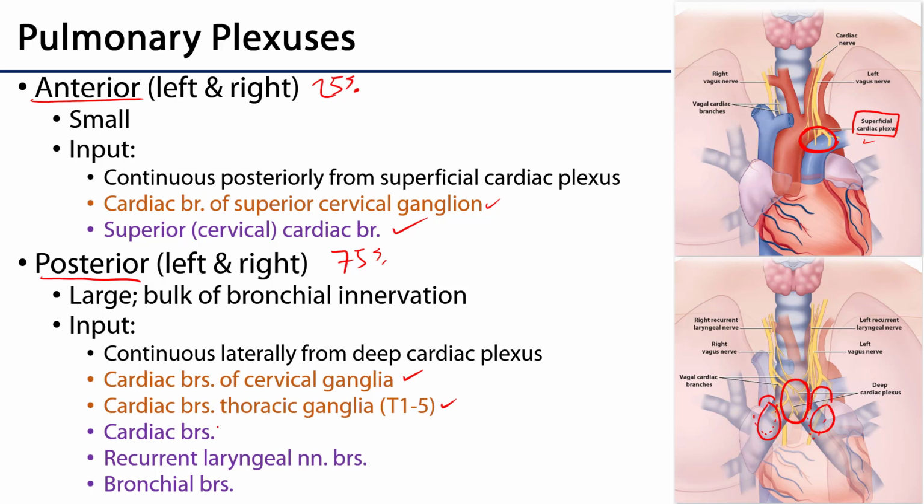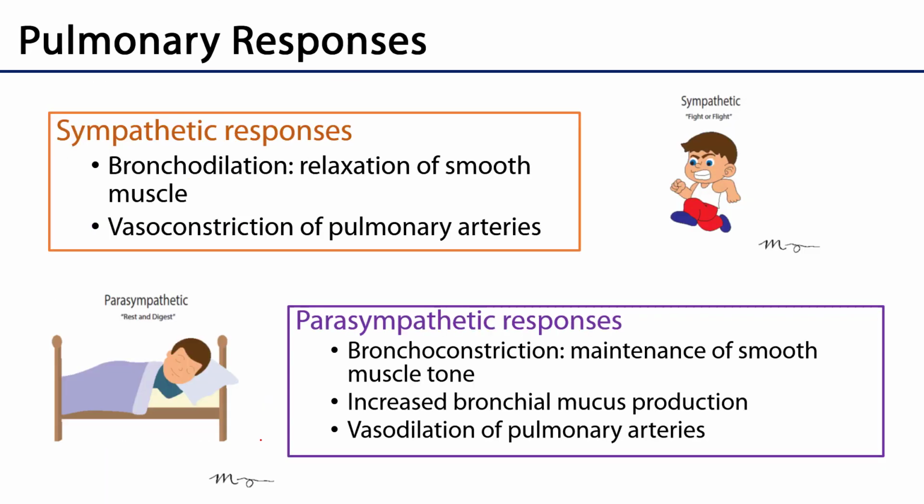And then from the vagus nerve, there will be cardiac branches. There will be branches from the recurrent laryngeal nerves, and then there will be dedicated bronchial branches from each vagus nerve to those plexuses.